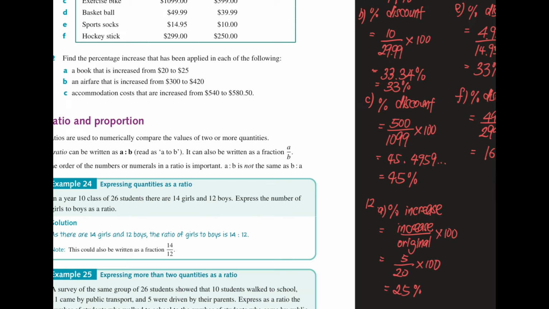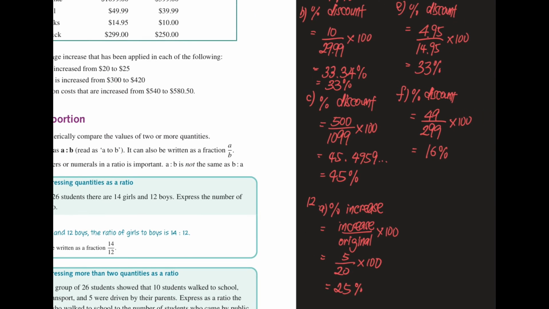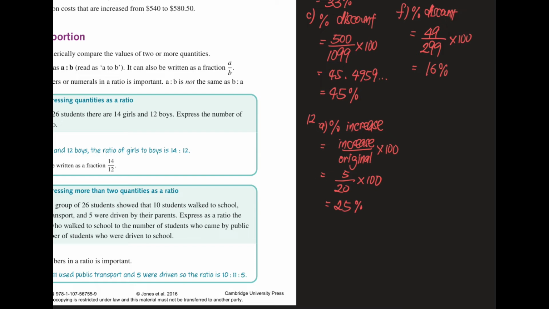And now for B, an airfare that is increased from $300 to $420. So the increase here is $120.